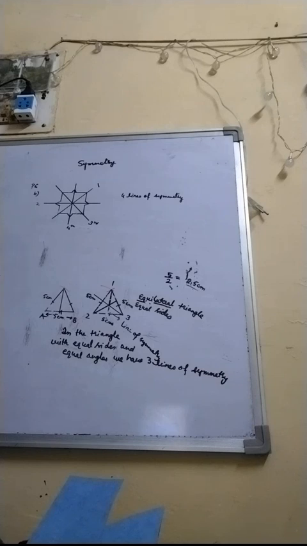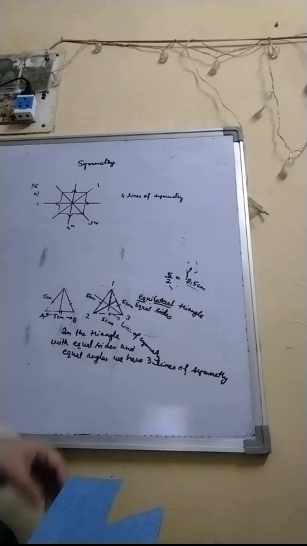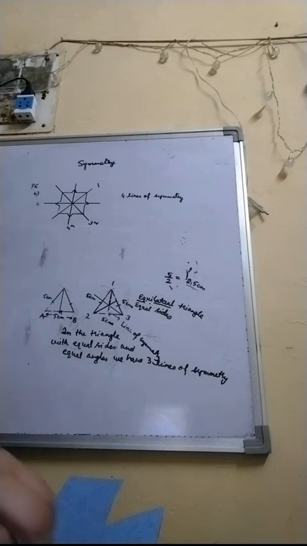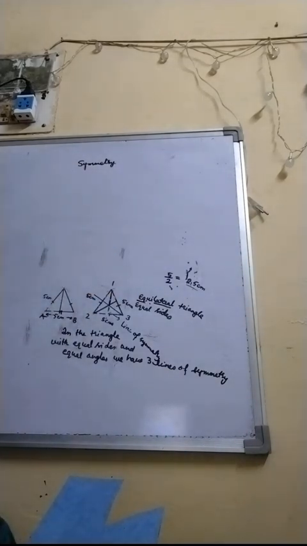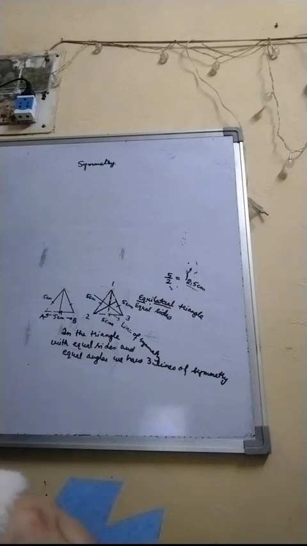This we had done before earlier also in the first class, I think. In the first class of symmetry, hexagon is also done. So let's do it fast here. I will give you the link of that class. You can see from there how to get the line of symmetry for a hexagon with equal sides.